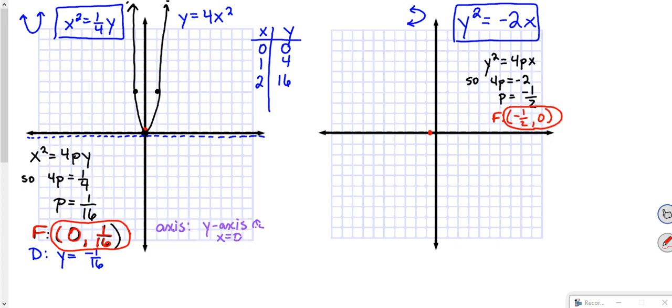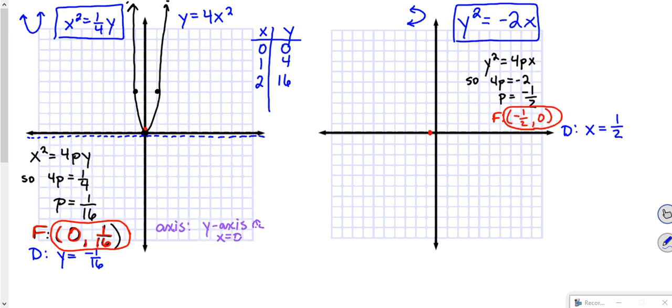That also means then that your directrix is going to be a vertical line, okay? And that's going to be x equals positive 1/2. Okay, remember it's the opposite sign of the focus.